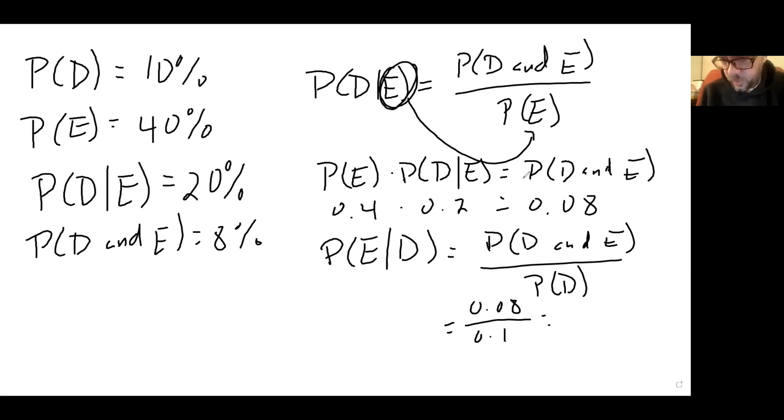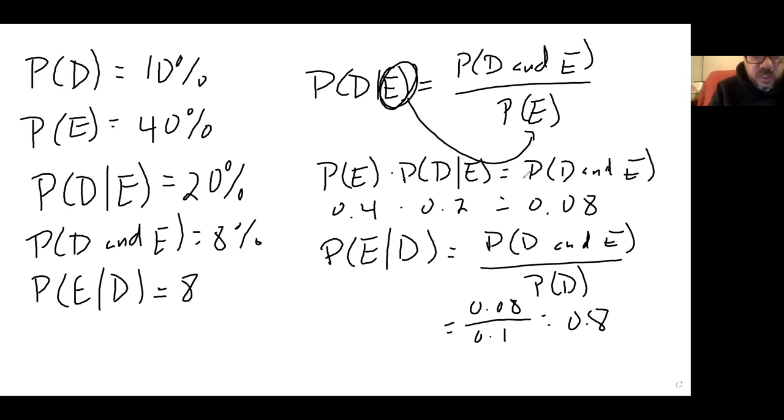So this is 0.8, 80%. So probability of E given D is 80%. Now, notice that that's quite large, right? This says that of the distance learning students, 80% of them are part-time. So a very high proportion.